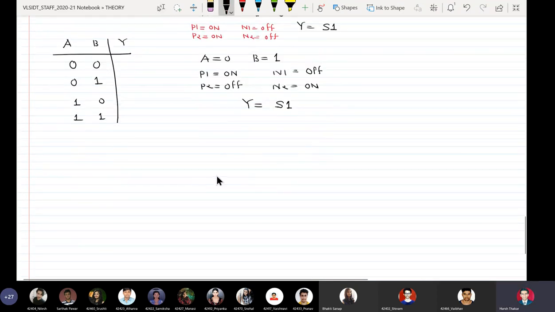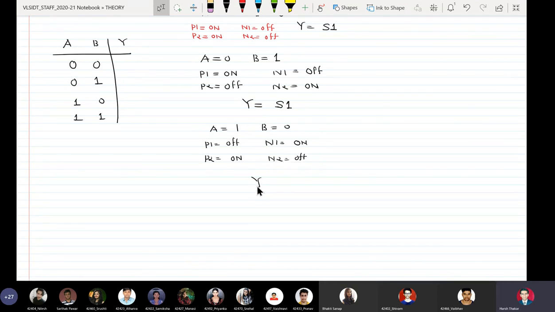Okay. A equal to 1, B equal to 0. So P1 equal to off, P2 equal to on, N1 equal to on, and N2 equal to off. Y is again equal to strong 1.